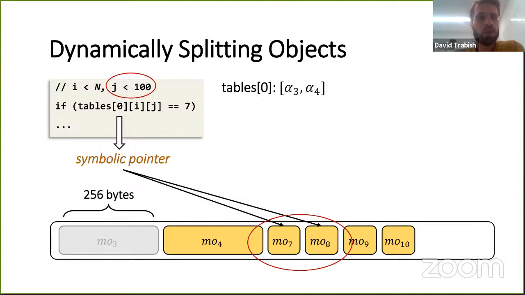Now when we resolve our symbolic pointer again, you can see that since J is constrained to be less than 100, this symbolic pointer can point only to the first 2 objects, MO7 and MO8. So we pay an additional price in terms of forking, but on the other side, we get smaller objects and smaller SMT arrays.